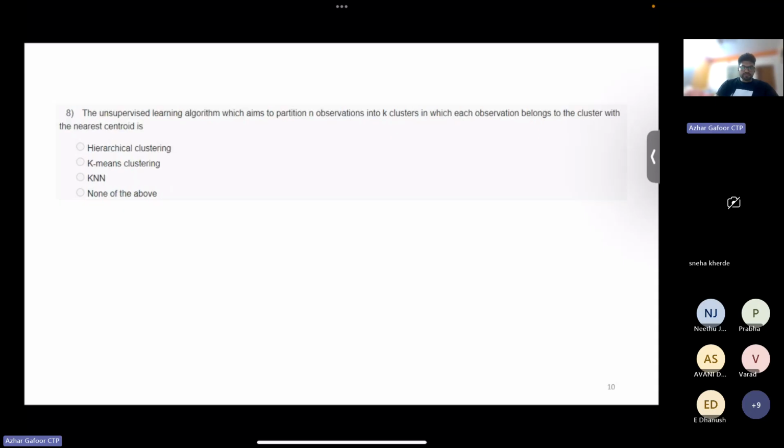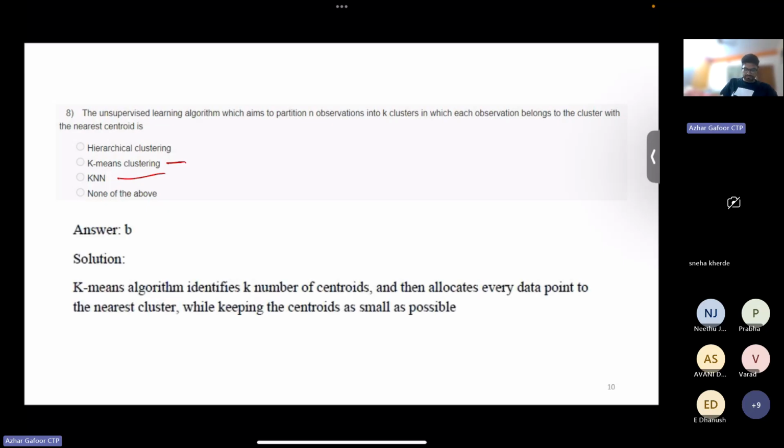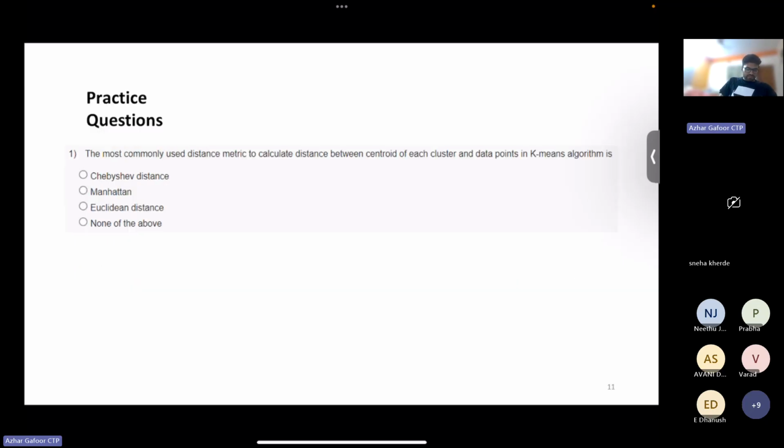And then we have the next question. Second one, K means clustering. Yeah. So these two can be confusing, KNN and K means clustering. So the correct answer is K means clustering. Then we have the next question.